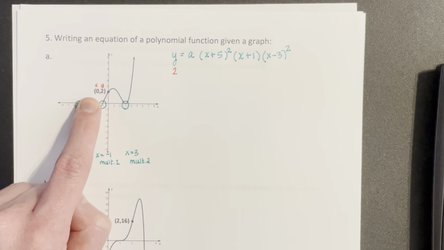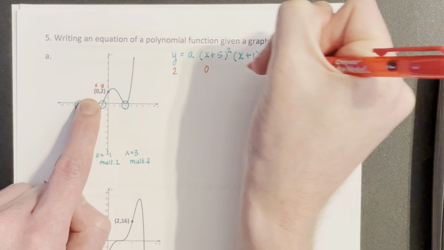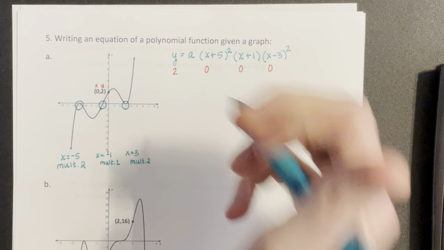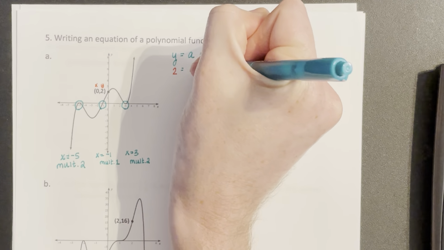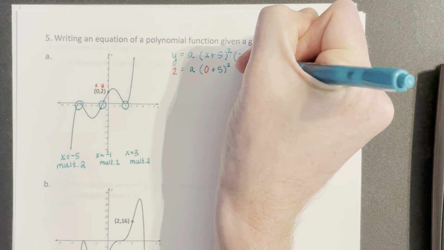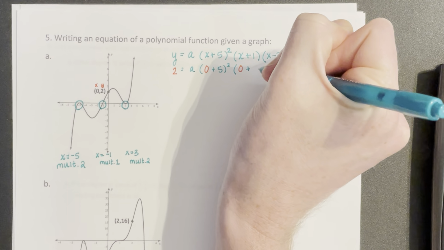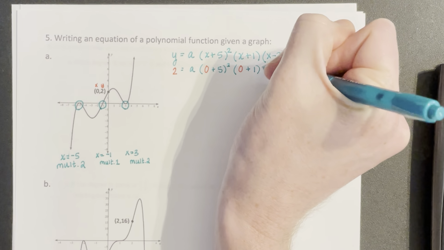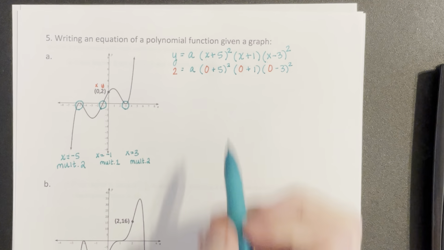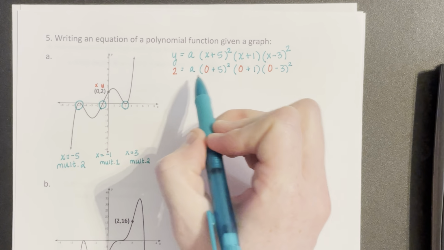And then for every x, I'm going to just put in a 0. So that would look like 2 equals a times x plus 5 squared, 0 plus 1, and 0 minus 3 squared. So every single x became a 0.